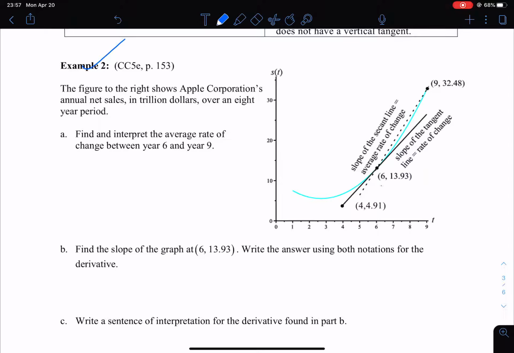So this is 6, and this is 9. The average rate of change between these 2 points, we use the formula f of x2 minus f of x1 over x2 minus x1. So 32.48 minus 13.93, divided by the corresponding 9 minus 6. So we have 6.183. The unit is output unit per input unit. Output unit is trillion dollars. Input unit is year. So trillion dollars per year.